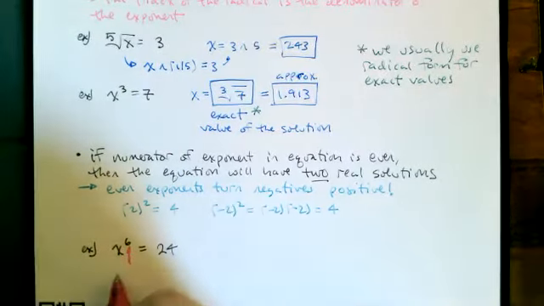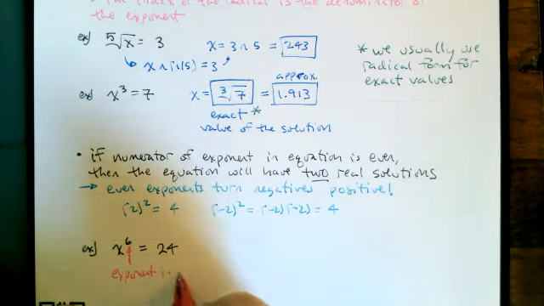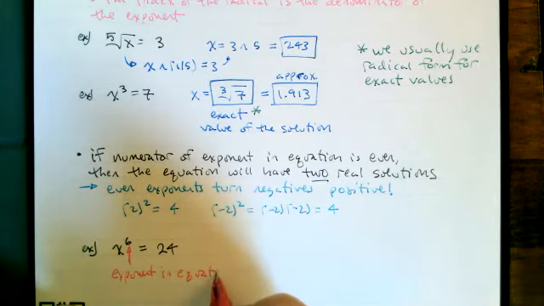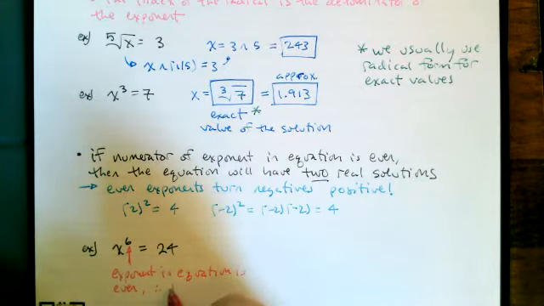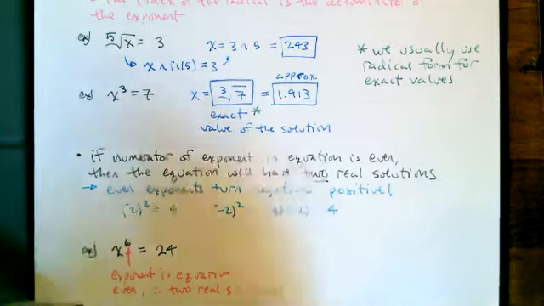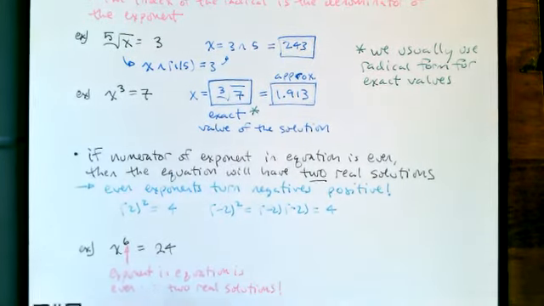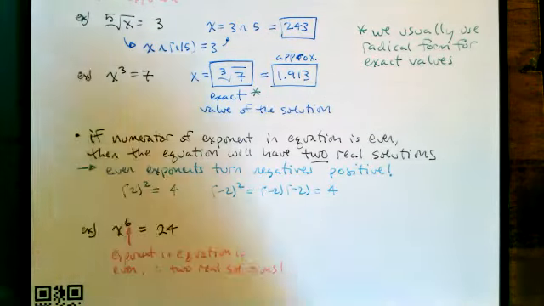So the exponent in the equation is even. Therefore, we're going to have two real solutions. When we undo the even exponents, that's when the two solutions show up, one positive and one negative.